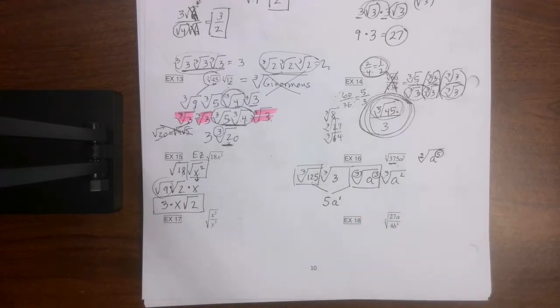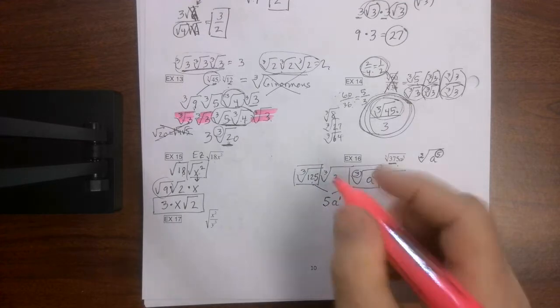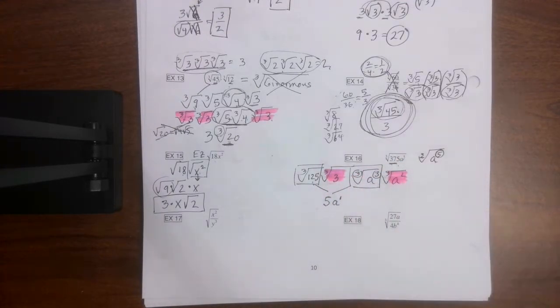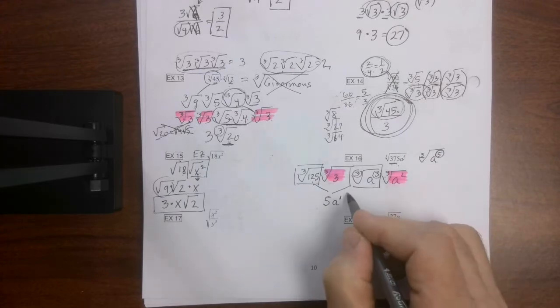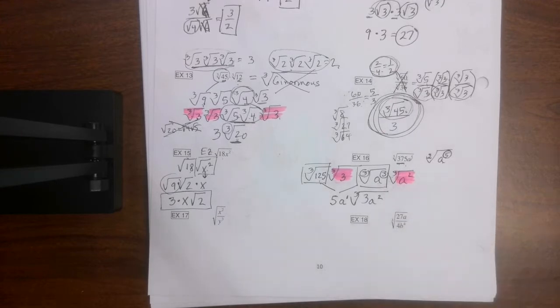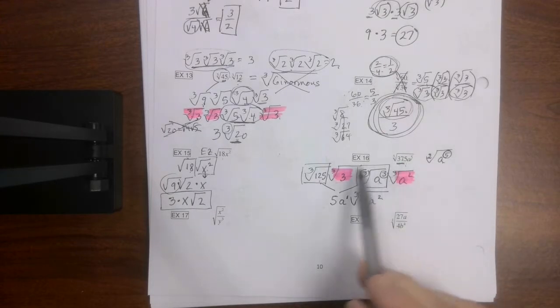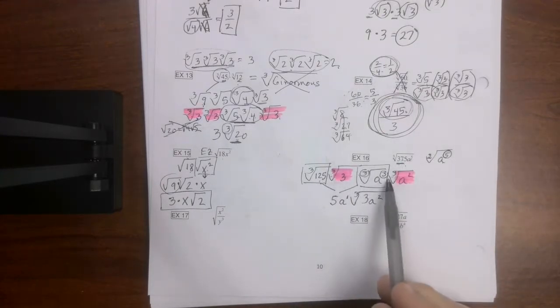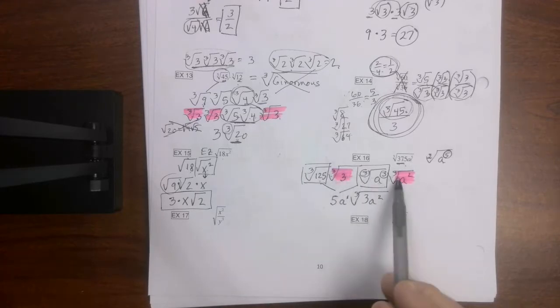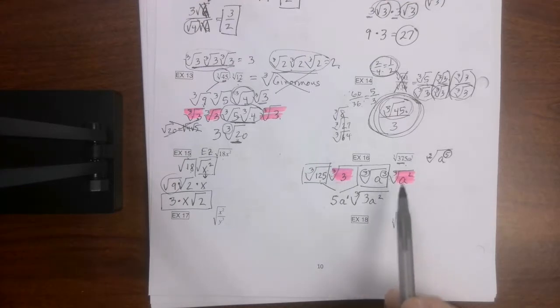And then we're going to mishmash these things back together. So it turns out to be 5 times a times the cubic root of 3a squared. So we break them up into individual parts. We figure out where the perfect cubic roots are, and then we mishmash the stuff that doesn't get simplified. Okay? That's kind of the gist.